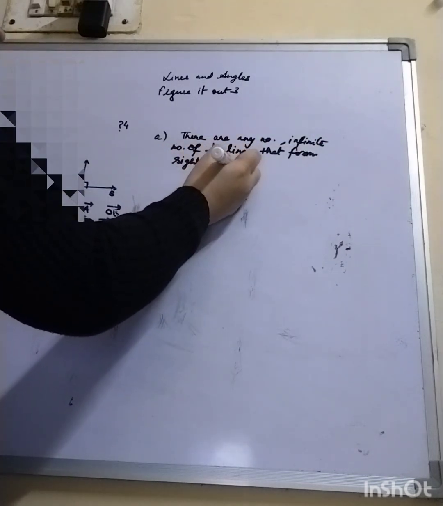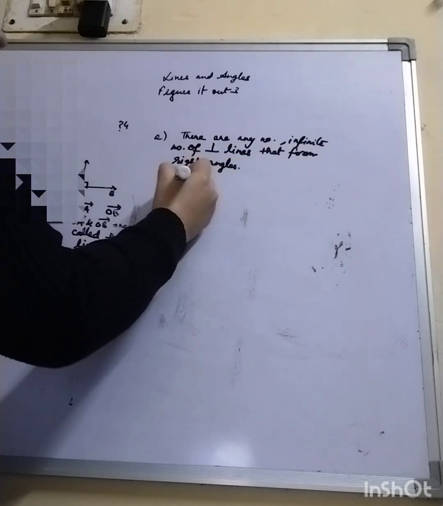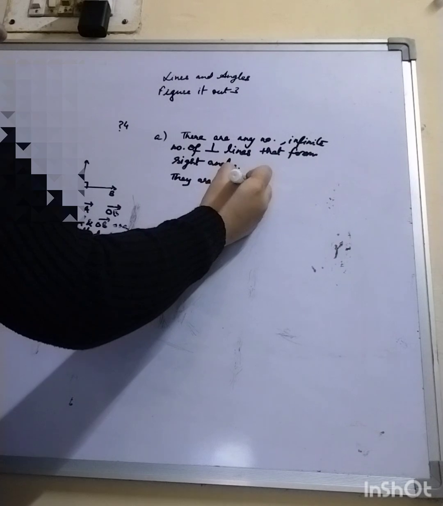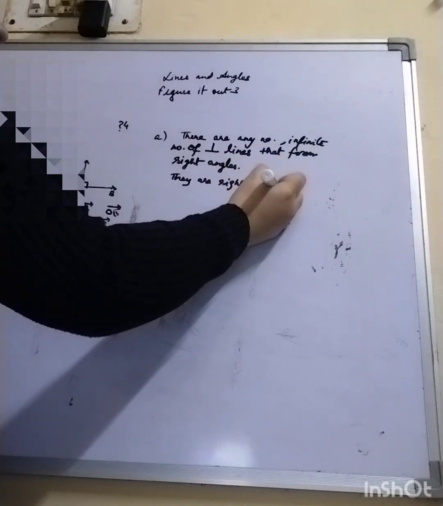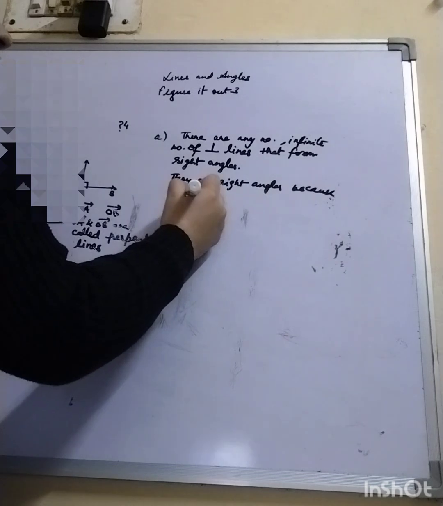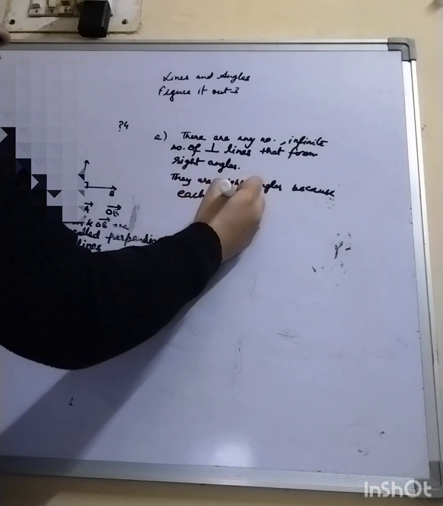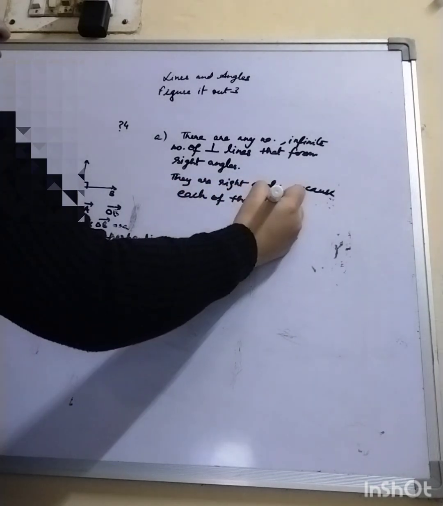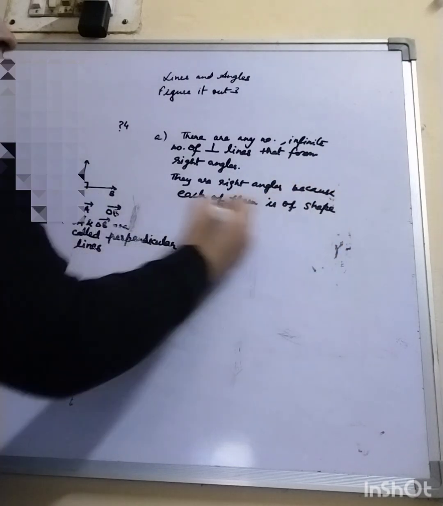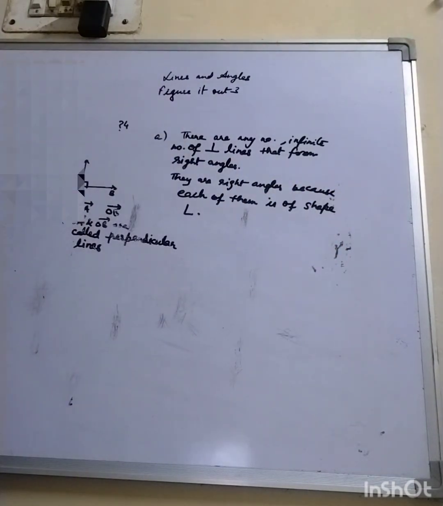And why are they right angles? They are right angles because each of them is of shape L. So they are all 90 degrees.